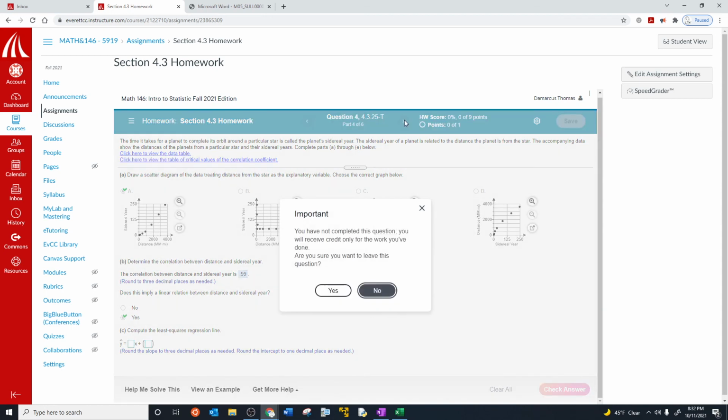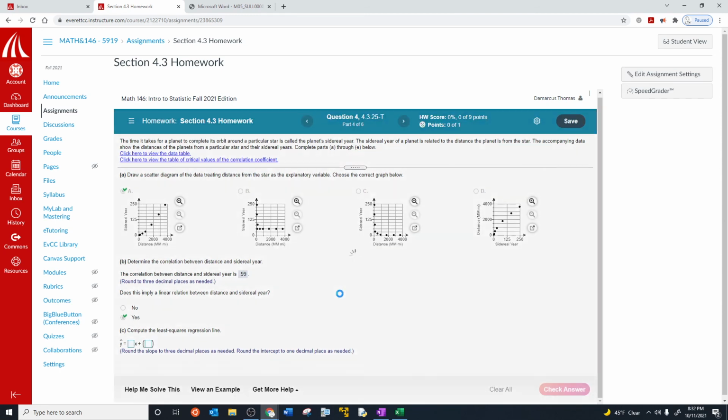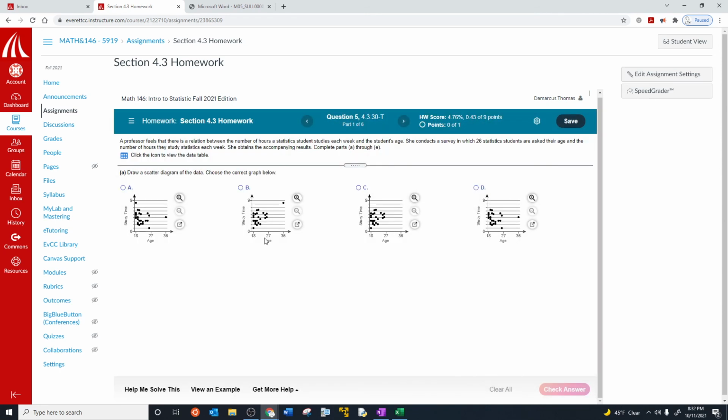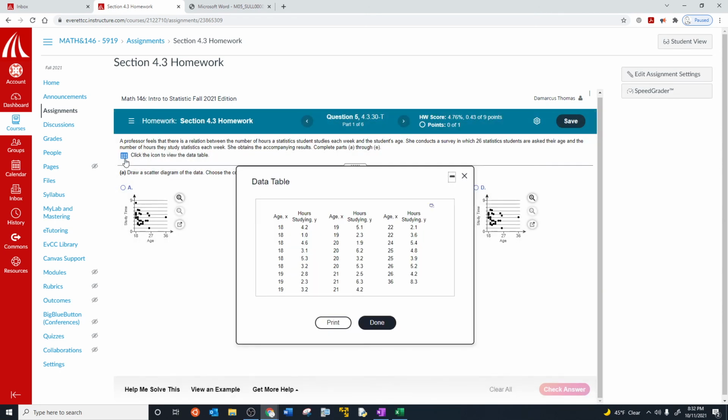Let's take a look at number 5. It appears to be a very similar question. The table is so long they have it in columns, so it's a lot of data here.